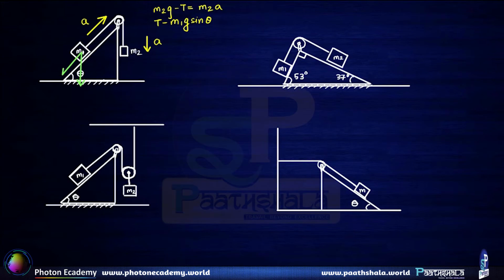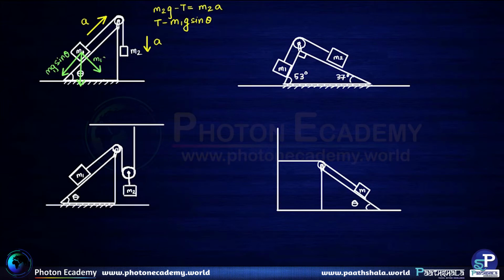Perpendicular to the plane, if the force of gravity is resolved, then the perpendicular component happens to be m1g cos theta. So these two equations will give us the correct answer as far as the acceleration and the tension is concerned.